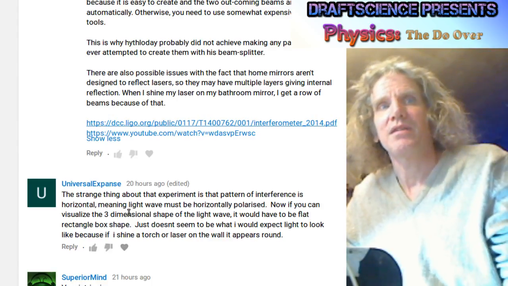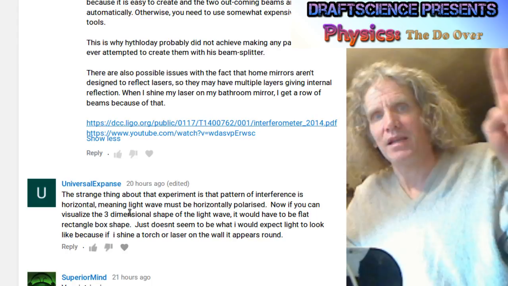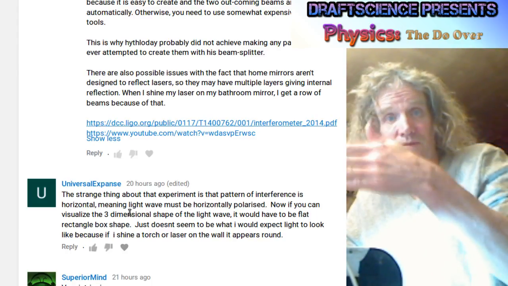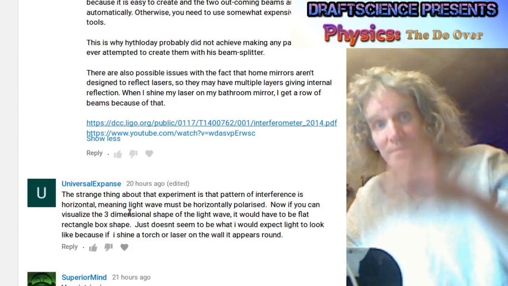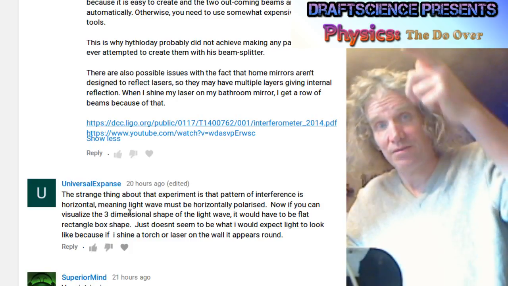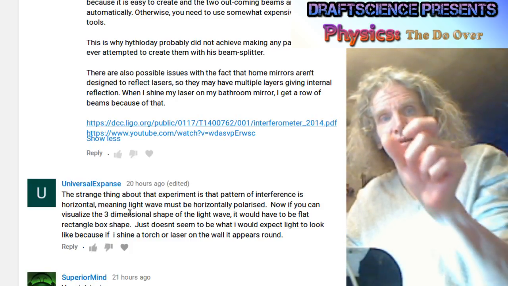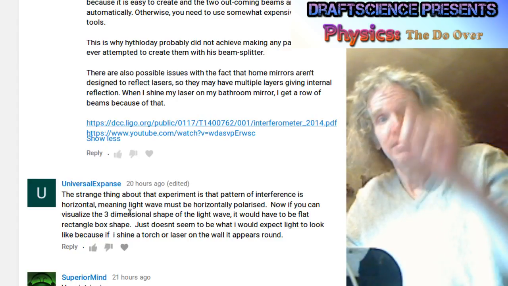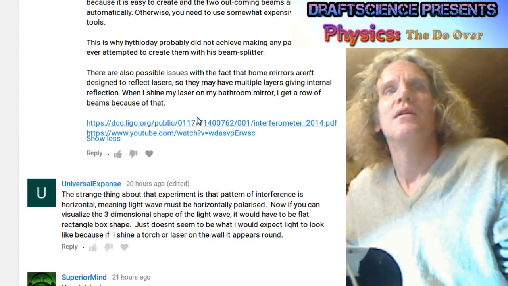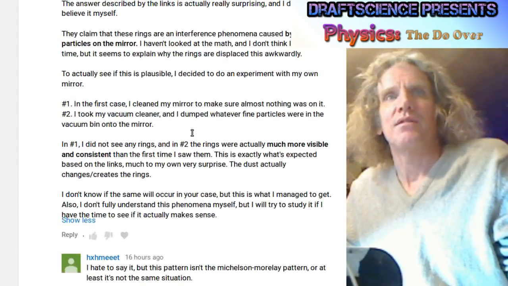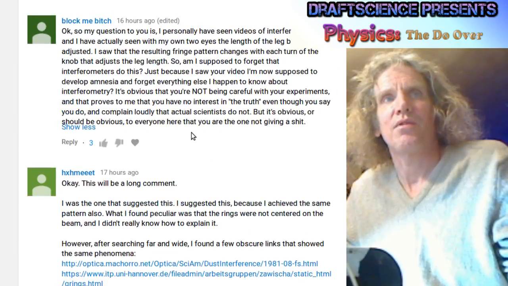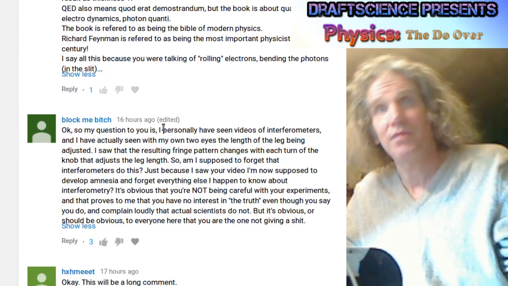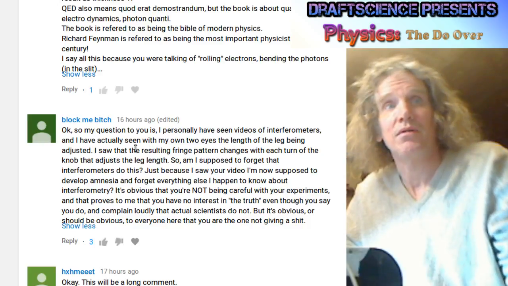So it's not inherently horizontal. It's just being diffracted the greatest amount along the longer side, so obviously you see it more there. I don't think we need to go into that. I think he has a wrong premise. Alright, so block me, bitch. Okay, which I will do, asshole.